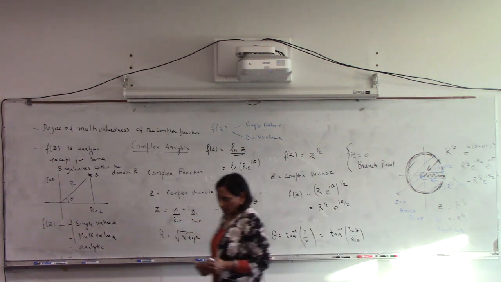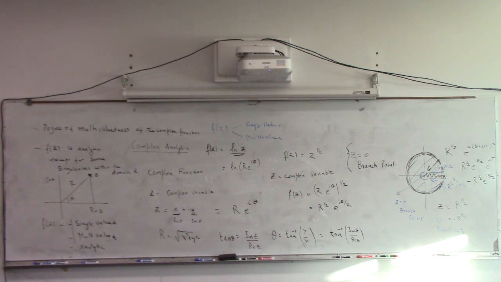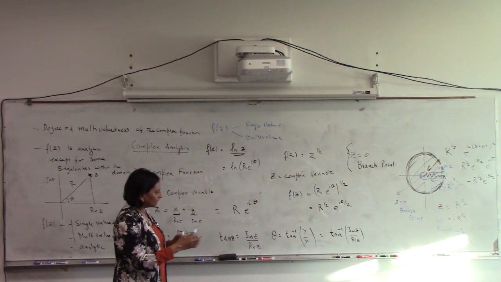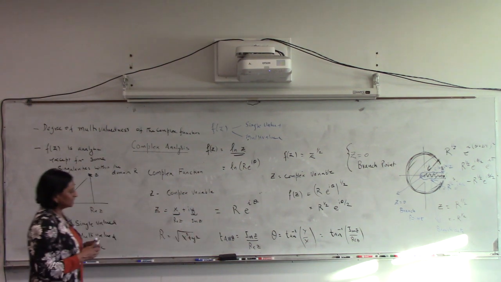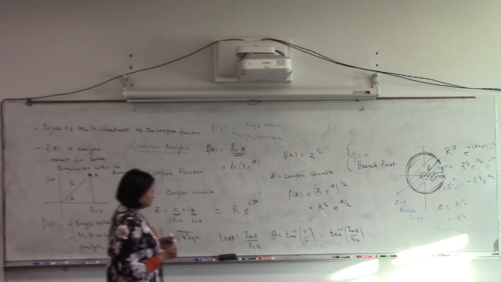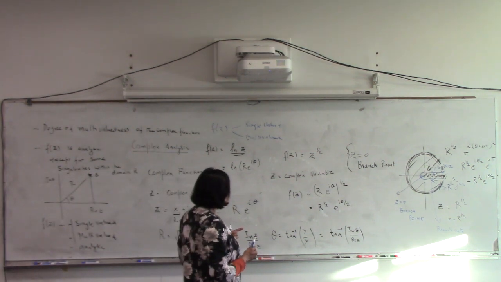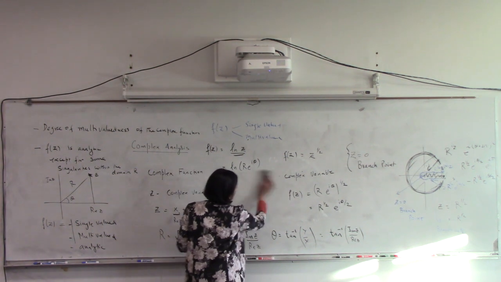So that's only a trick. That is sort of called Riemann surfaces in complex analysis. If you dig deeper into complex analysis, those are called Riemann surfaces. All right, so this is just to give you some general idea.